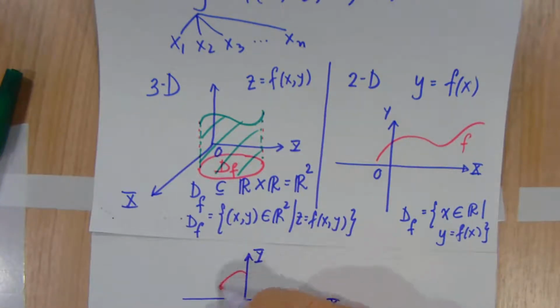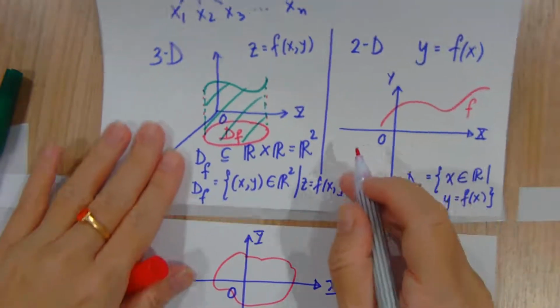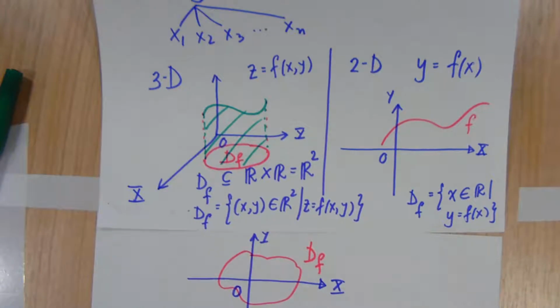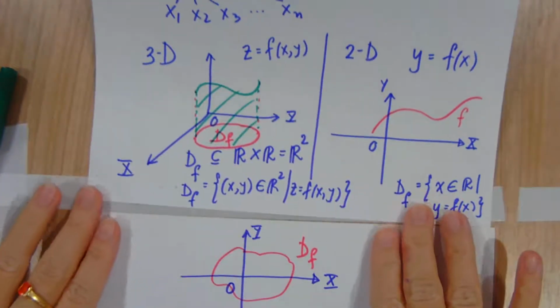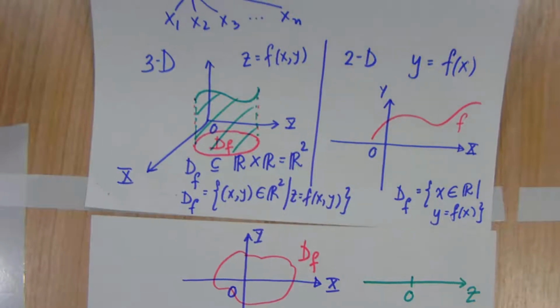So we will plot a graph, for example. This is the domain of the function f. Okay, and then it's mapped to the term c. So c is just the value. Okay.